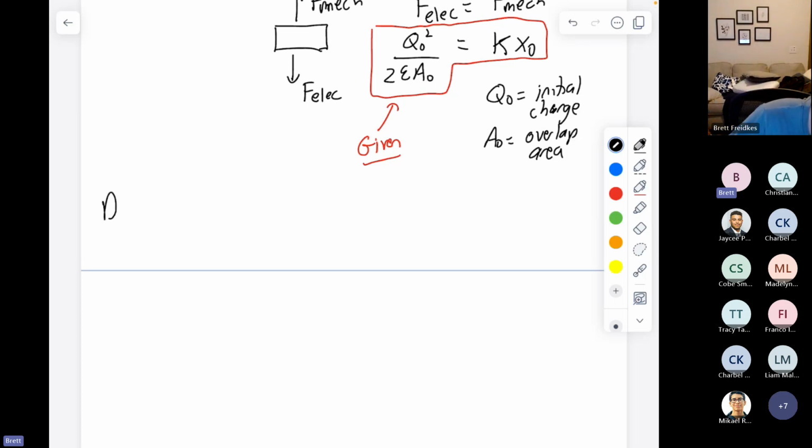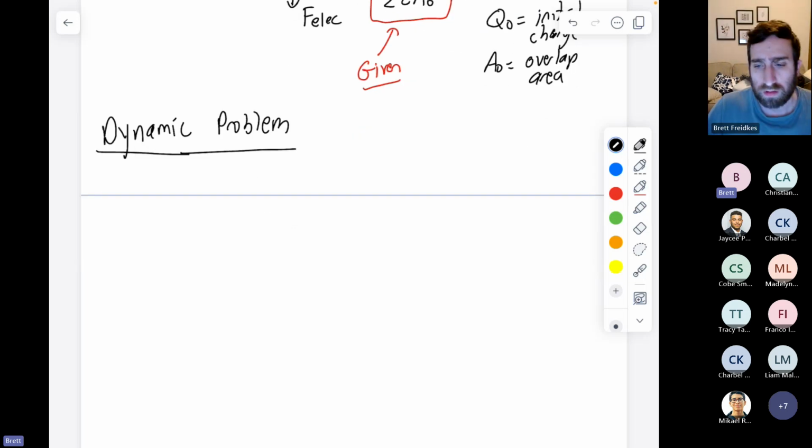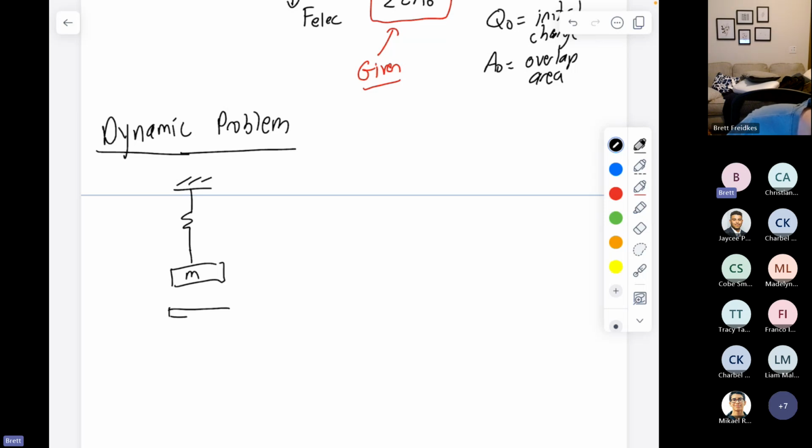Let's go ahead and look at this more dynamically now. Let's assume that there is some external force that is acting on the system. So I'm just redrawing this to show what's happening here.